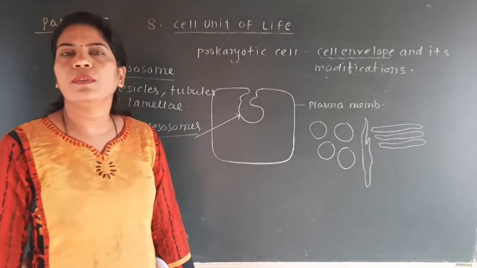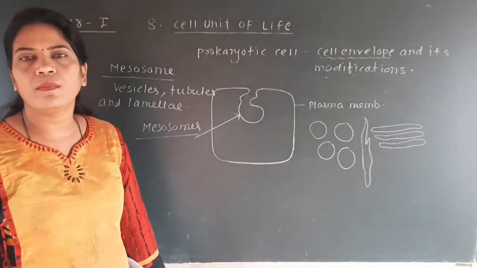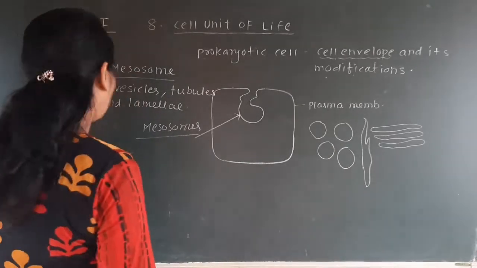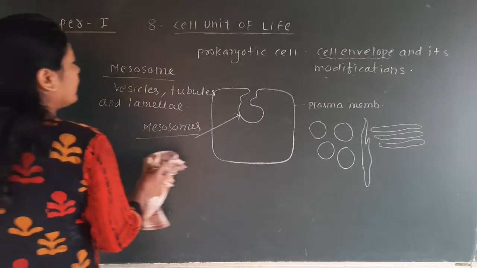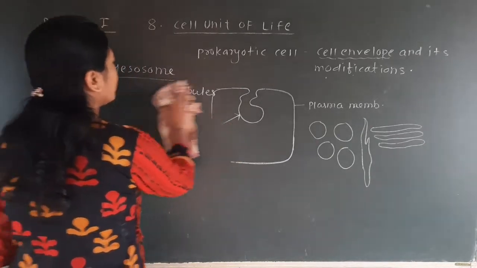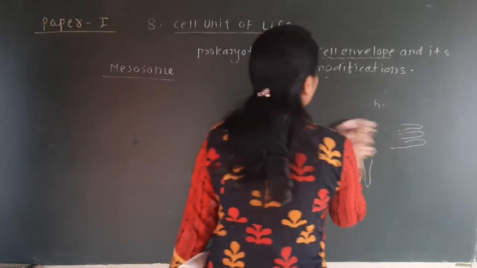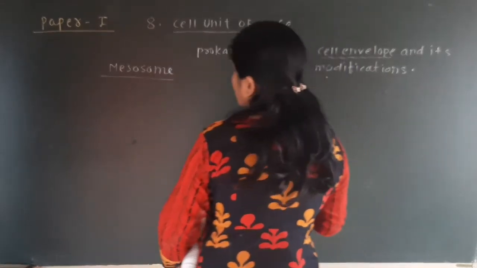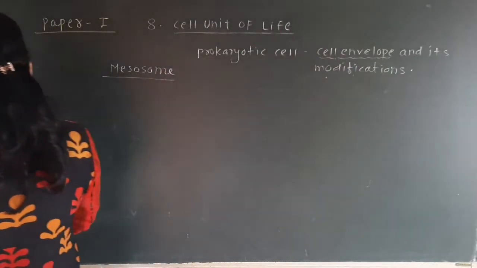Now we have to see what is the function of this mesosome and how these mesosomes are involved in different functions for this bacterial cell. So here in the NCERT, some functions of the mesosomes are given.